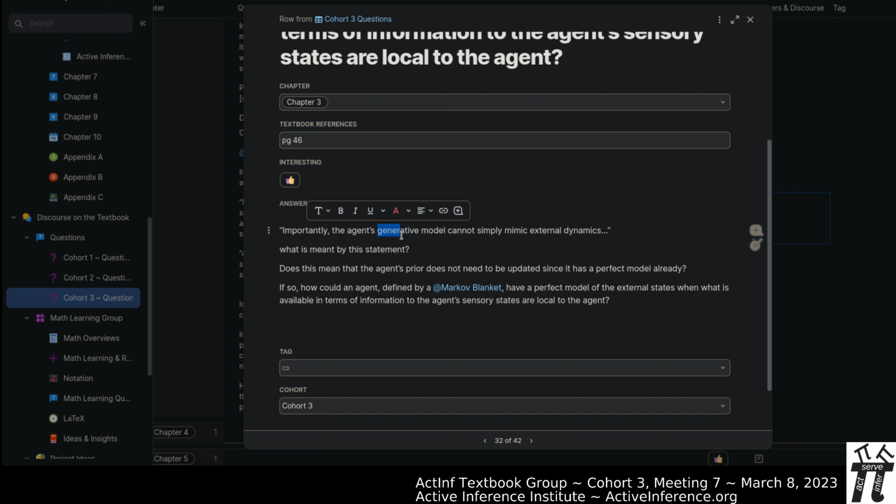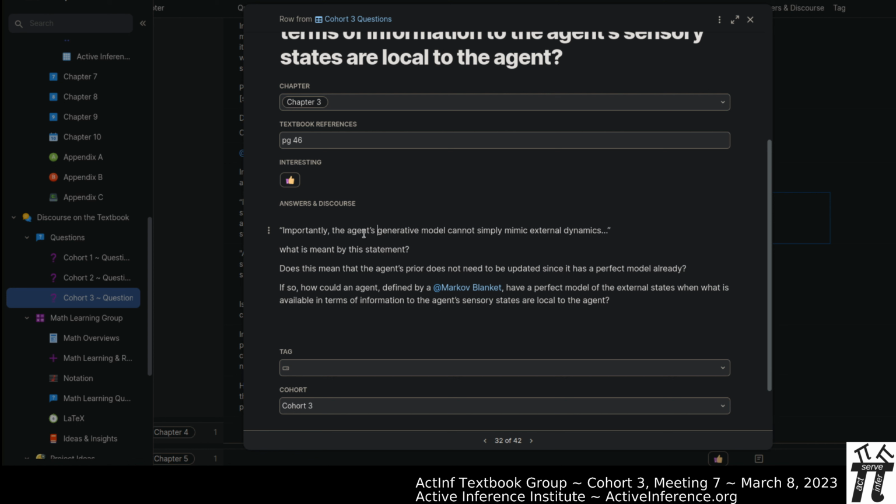Again, the temperature example: if our only imperative of the generative model was to fit temperature as accurately as possible, you would just fit temperature accurately, and then when it left your physiological bounds, you would just die. So we wouldn't see that kind of organism around.